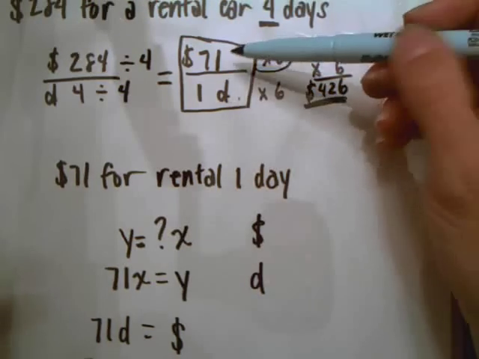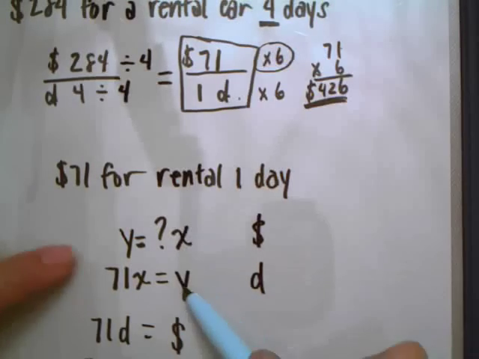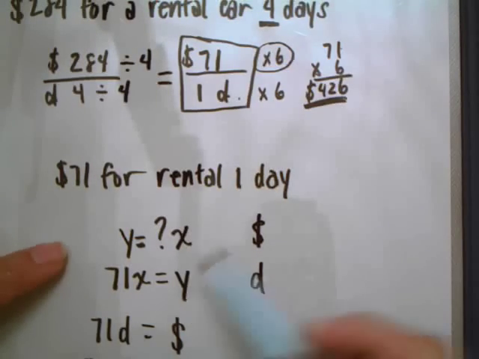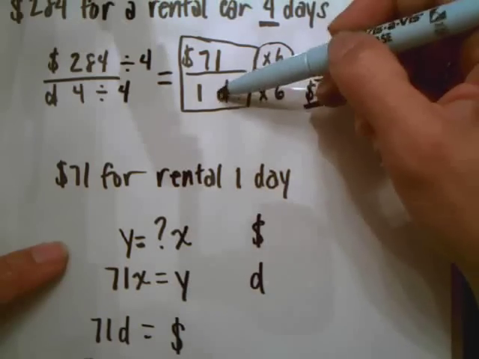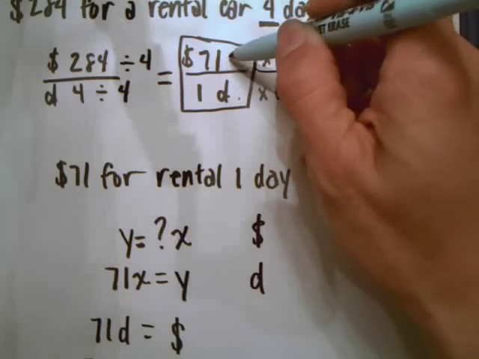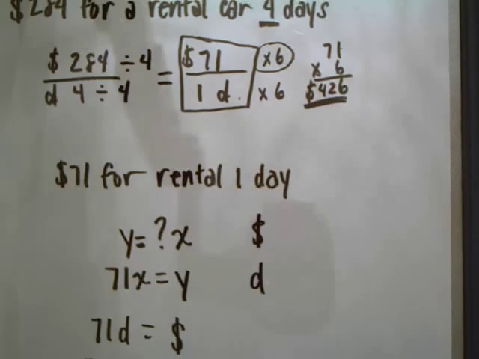If I really get stuck, I can just think to myself, this one's got to equal the bigger number. The bigger number is going to be by itself, and I'm going to have to multiply the days by something in order to get the 71. So I hope that makes it a little more clear.